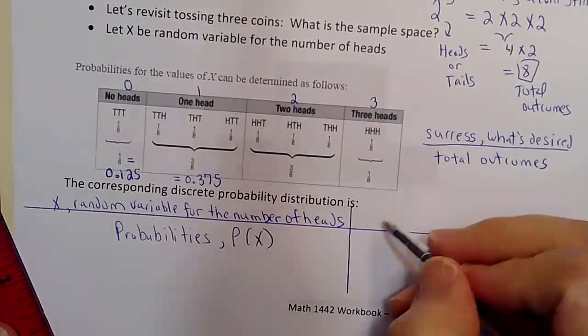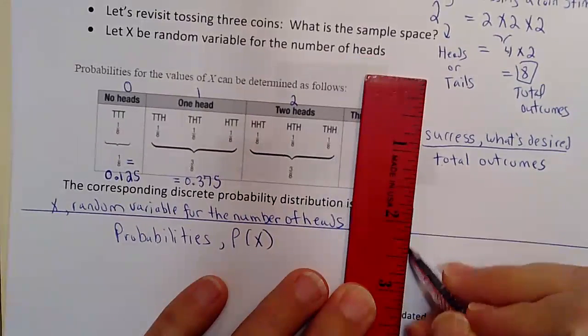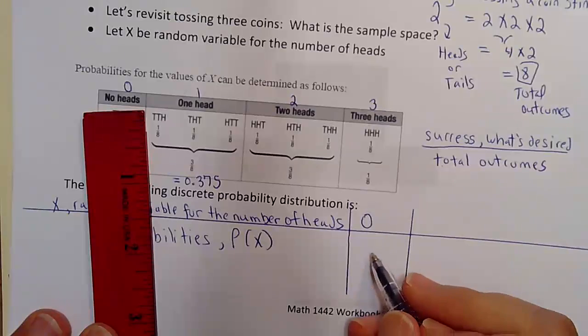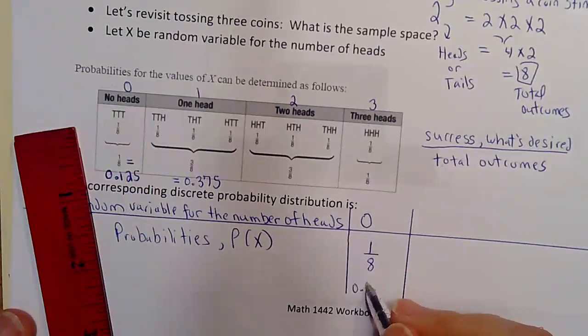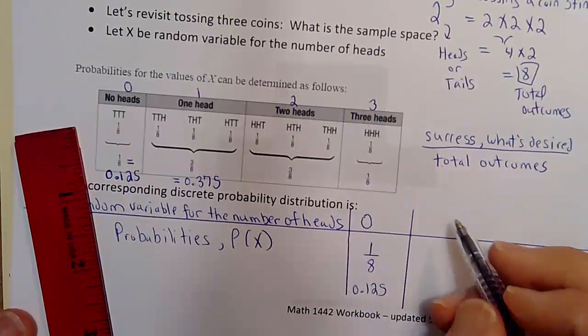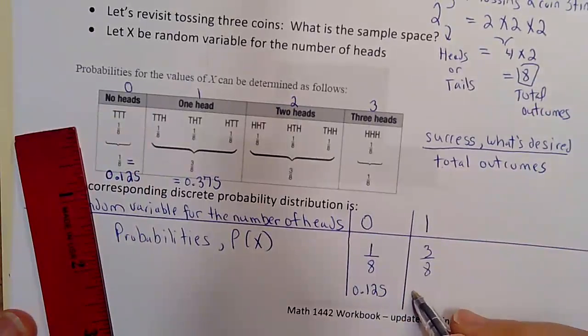And so here's that number 0 that we talked about. And remember 0 was 1 over 8. Okay, so that was 0.125. Then we had 1, which was 3 out of 8. And that was 0.375.